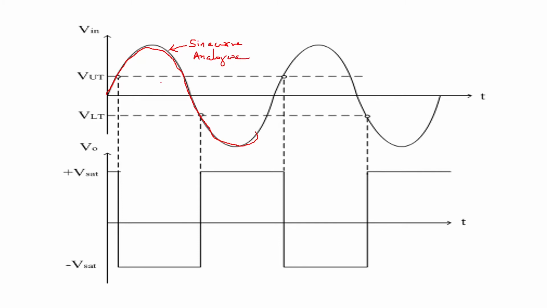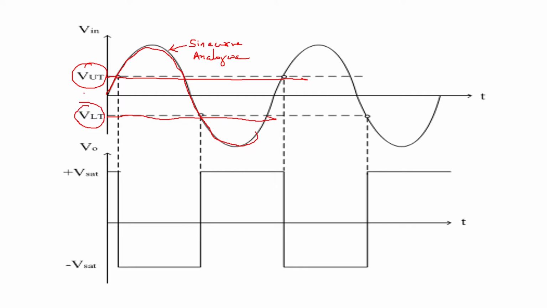Depending upon your R1 and R2 resistances, you have calculated this reference voltage on the positive side, which is called the upper threshold voltage. You can also calculate the reference voltage on the negative side, which is called the lower threshold voltage.